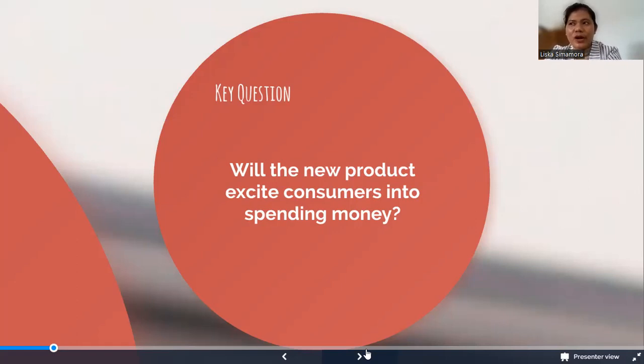So you have to make the key question: will the new product excite consumers into spending money? Of course, when we find a question, we have to do research to answer it. So back to the example for the cafe.